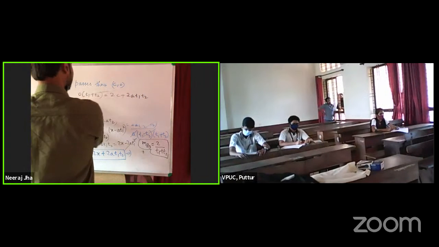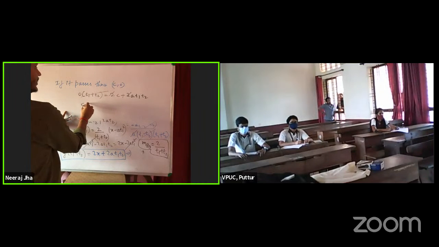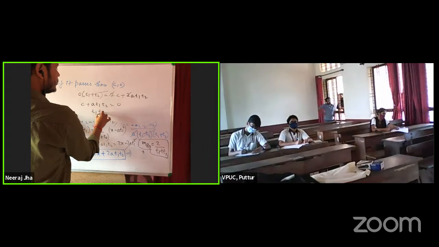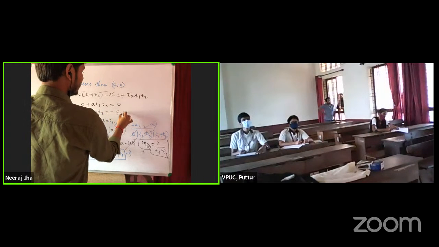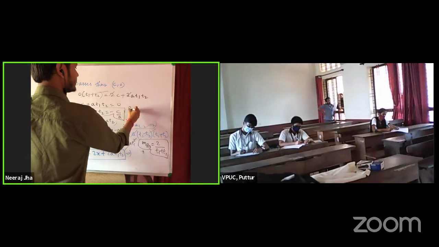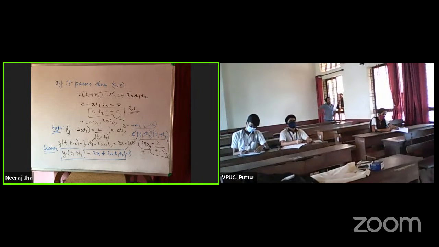So this will be cancelled, 2 and 2 cancel out. Hence c plus at1t2 is equal to 0, or t1 into t2 is equal to minus c by a. Please remember it also. Learn it. t1t2 is equal to minus c by a.